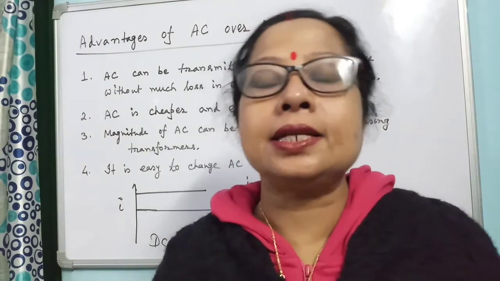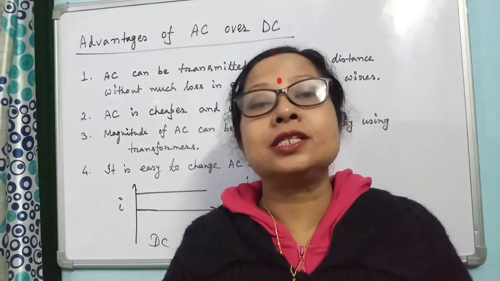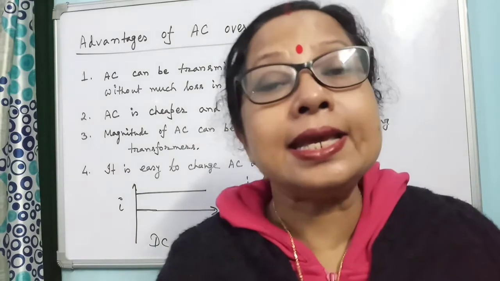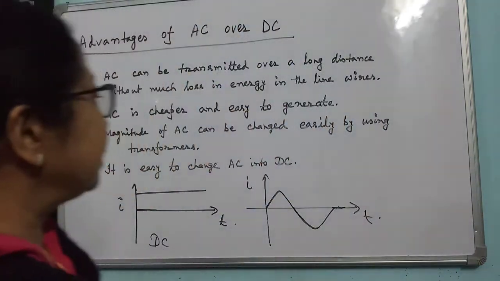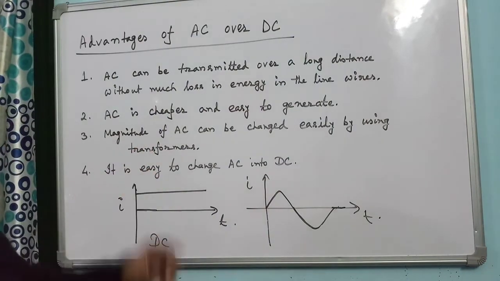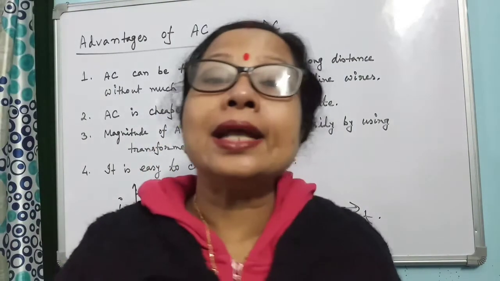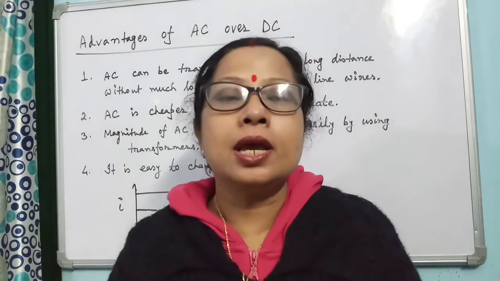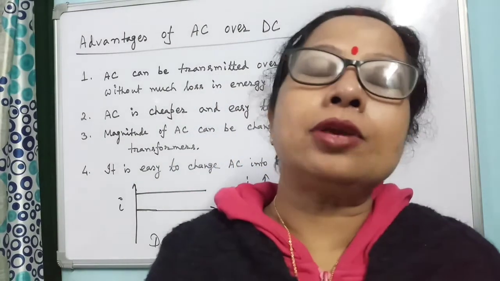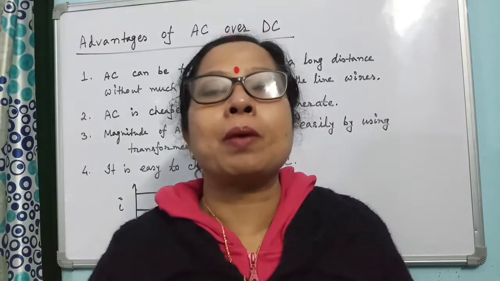Second advantage, it is very cheap and we can generate alternating current very easily. Then the third point, the magnitude of alternating current can be changed according to your requirement by using transformers. If you want to increase the magnitude of alternating current, use a step-up transformer.